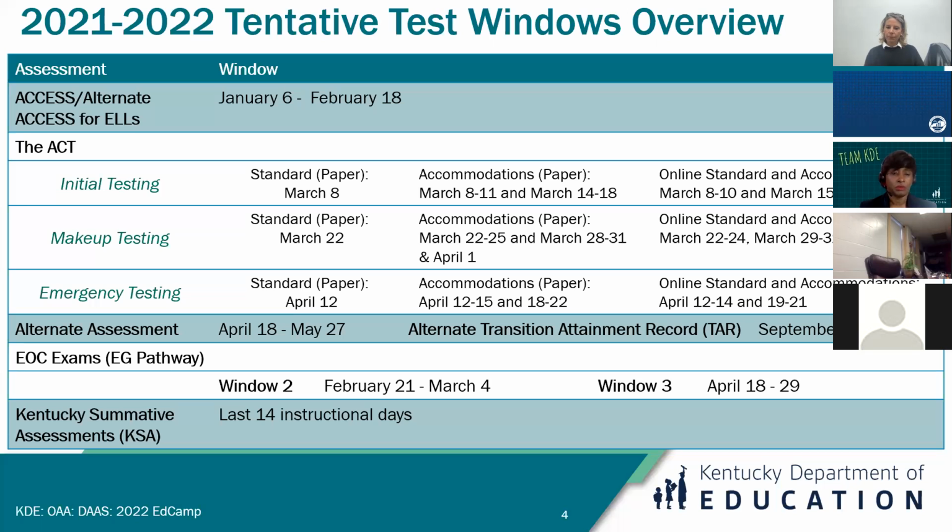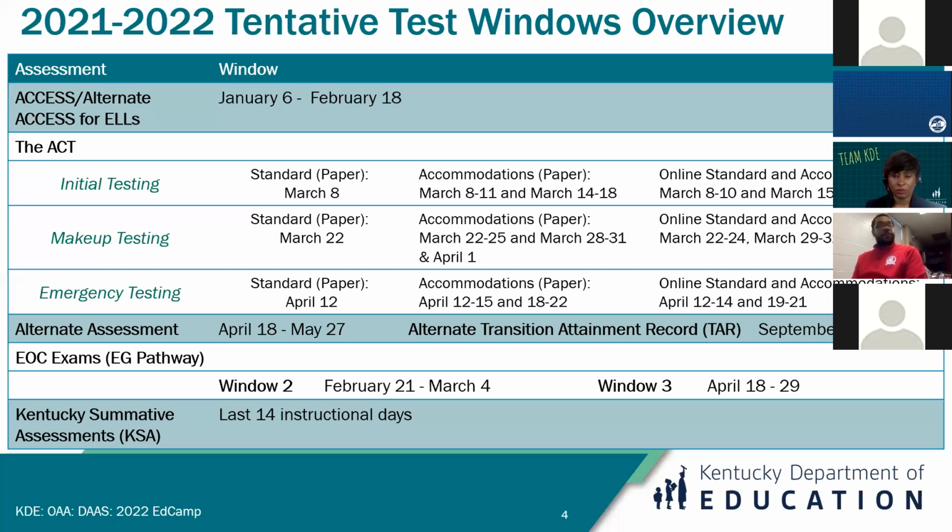And then after the ACT, we'll go into our second window for the alternate. We've completed the initial window for the alternate in the fall, and we're in the makeup stage for window 1. Window 2 for alternate assessment will begin April 18th and will go through May 27th. The TAR, which is administered for our 12th grade students in the alternate assessment program, started in September and will go through May 27th.